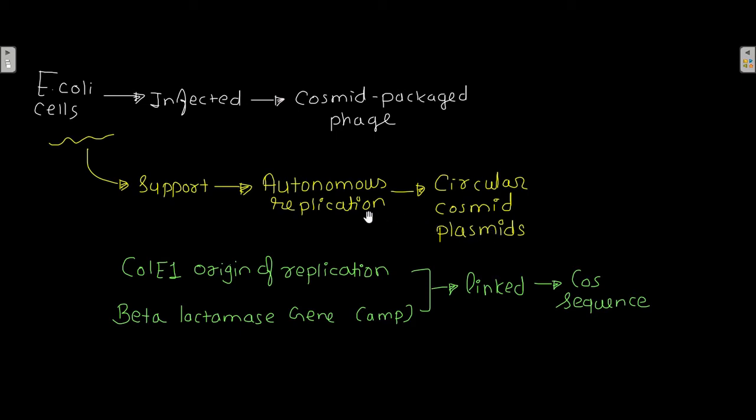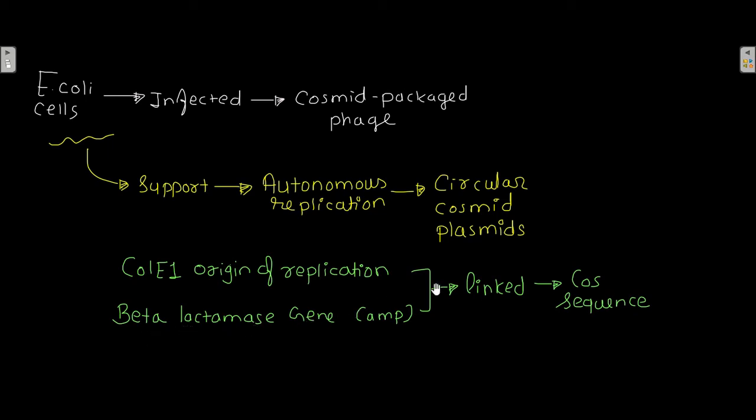because the genome of this Cosmid packaged phage contains the ColE1 origin of replication and the beta lactamase gene.